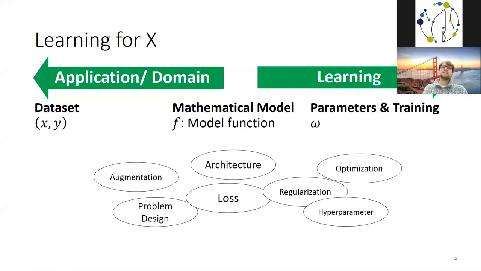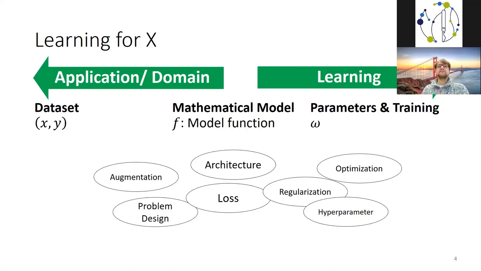It goes from the dataset and related questions, which is on an application-domain-centric view, all the way to the parameters of the learning and the training setup, which is on the learning-centric side of this view. In between, we have the mathematical model, the function that we use in our learning setup to actually predict the outcomes or the value of interest.